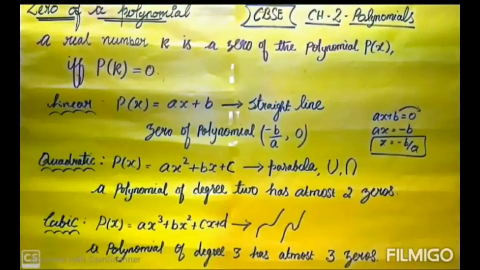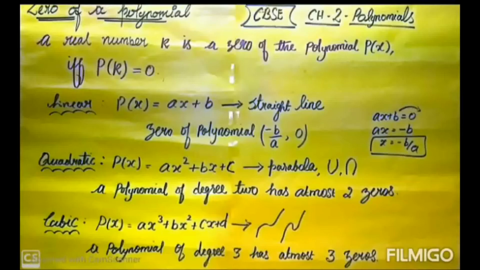And how many zeros of a polynomial are there in a quadratic equation? A polynomial of degree 2 has at most 2 zeros. At most 2 zeros means it may be 1 zero, or 2 distinct zeros, or no zero. So at most 2 zeros, which is less than or equal to 2.